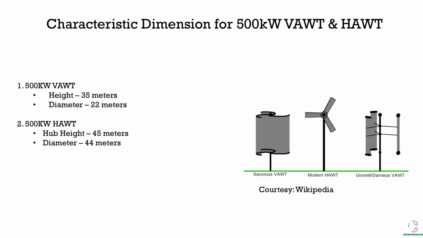The difference between them is that for the vertical axis wind turbine, you have most of the blades coming close to the ground surface, but for the horizontal axis wind turbine, only the radius of the blade goes below the hub height, so at least you have some clearance on the ground. Whatever value this could have in relation to footprint for a wind power system can always be modeled to understand it better.